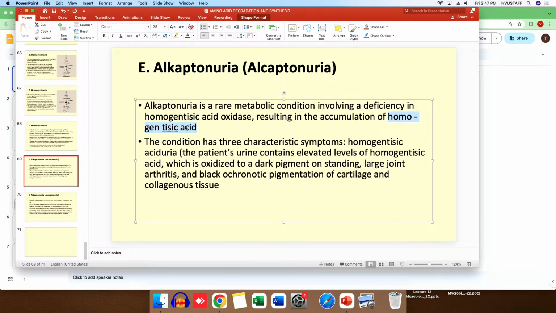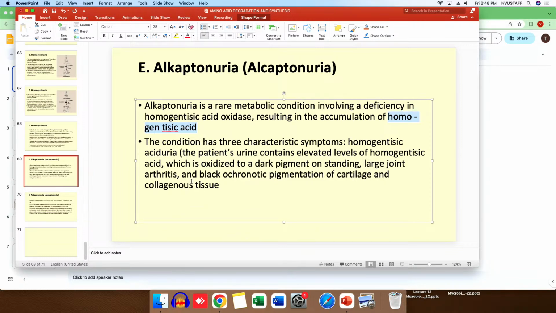If this enzyme is not working, then accumulation of homogentisic acid will give your patient not a severe problem, but something abnormal. It accumulates as dark pigment all over their joints and causes the urine to get darker, oxidized if it's left in the oxygen.